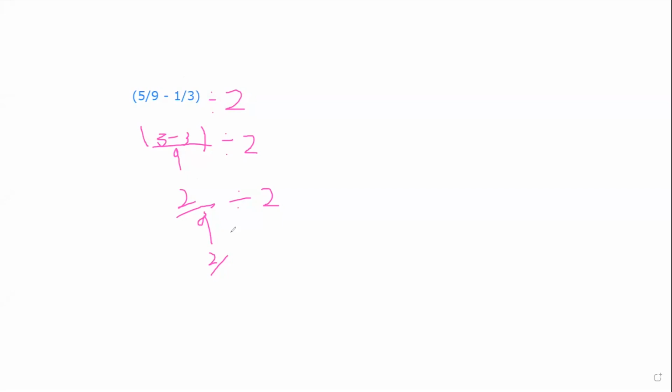And you have to divide it by 2. So the division mark, you have to convert into multiplication mark. So you have to write the reciprocal, 1 over 2. So 2 and 2 will get cancelled off. Then you are going to get the answer as 1 over 9. Okay.